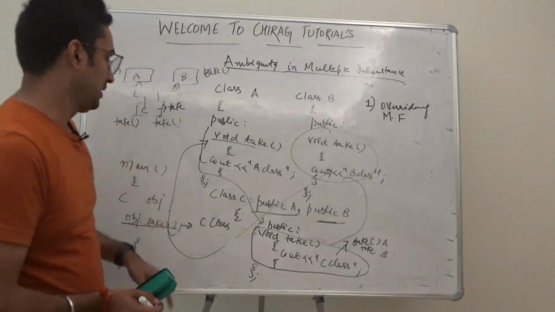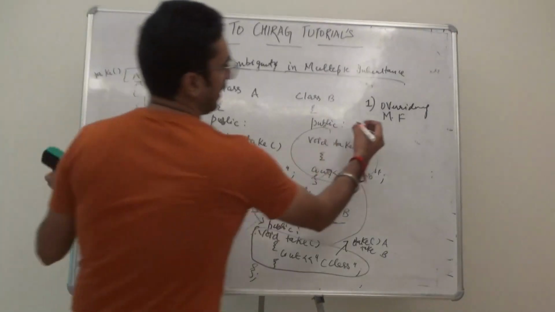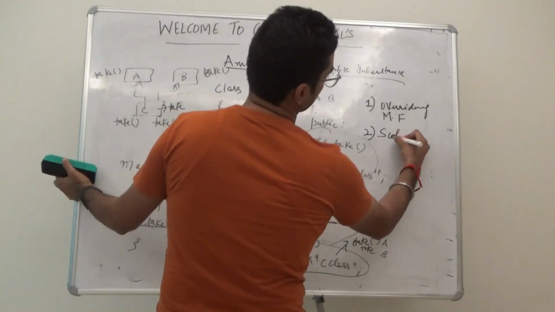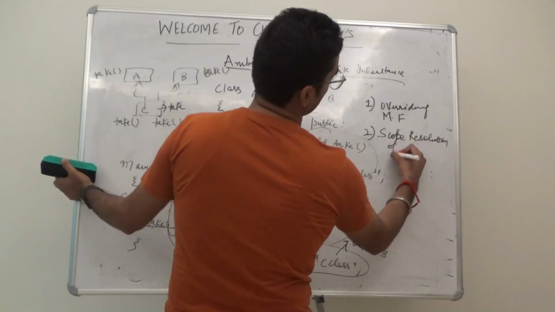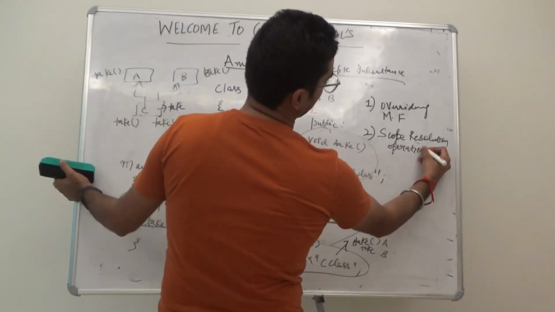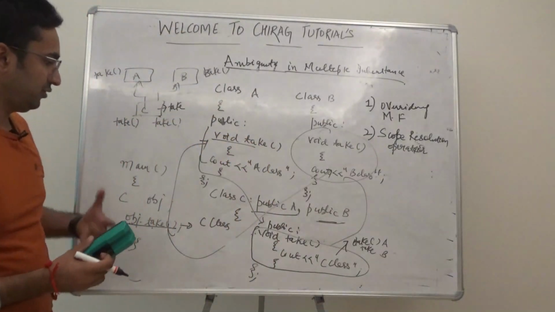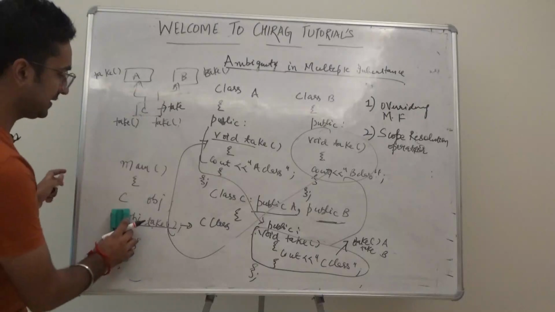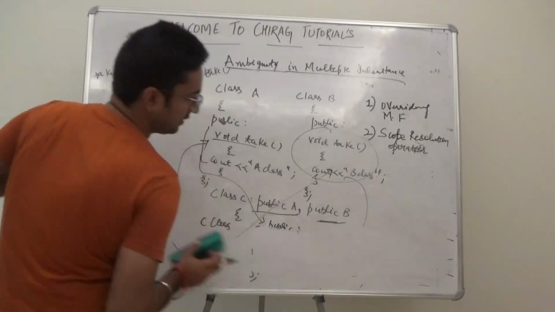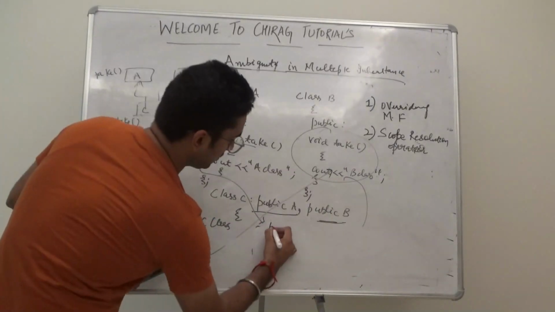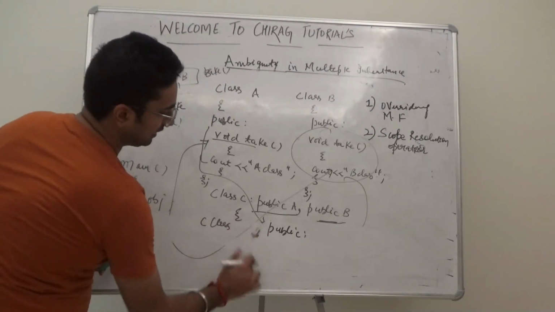Second important point is that I can resolve this ambiguity using the scope resolution operator, which can be written with the proper syntax. Let's say this take function is not used, again this is an erroneous situation, and this class C does not have anything.